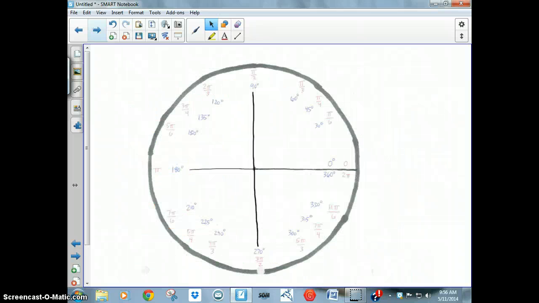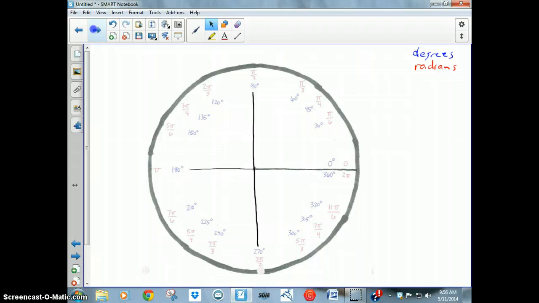Here's what we started the other day. Degrees are in blue, and radians are in red.